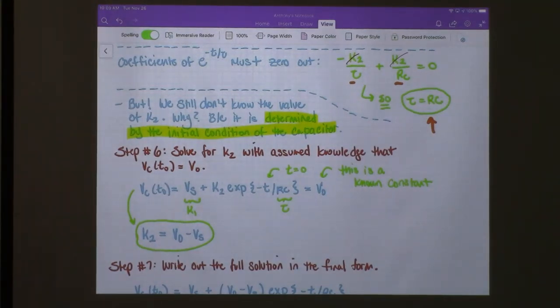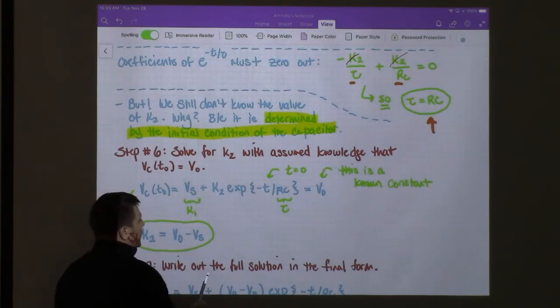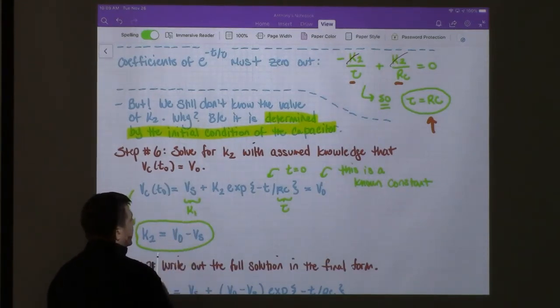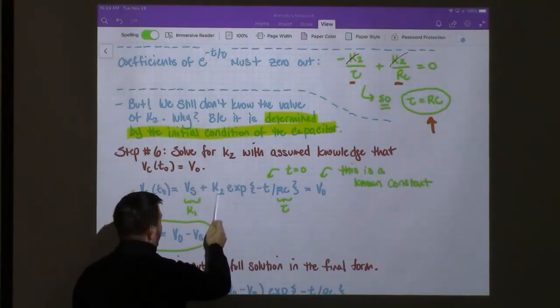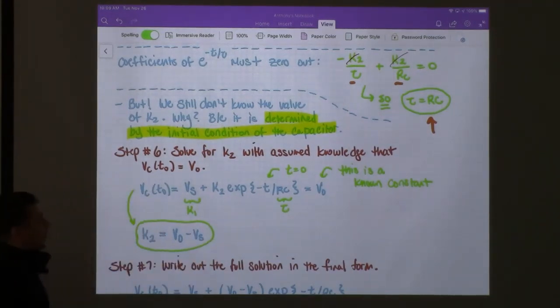It was a 0 in the very beginning. And now, because we have 2 of the 3 values known, we know what K1 is, we know what tau is, we have one equation and we have one unknown.